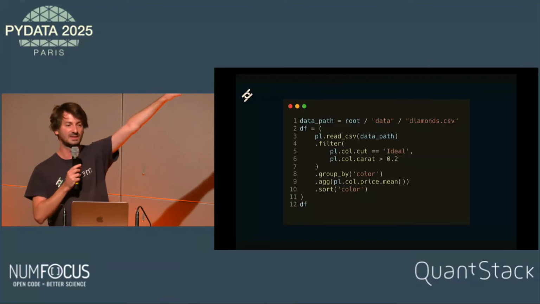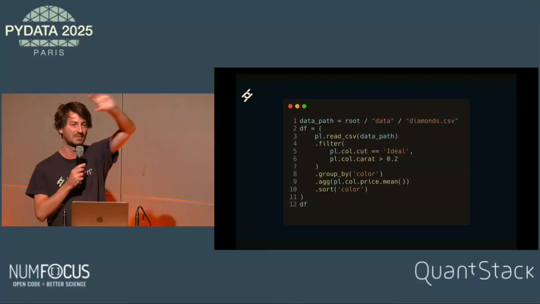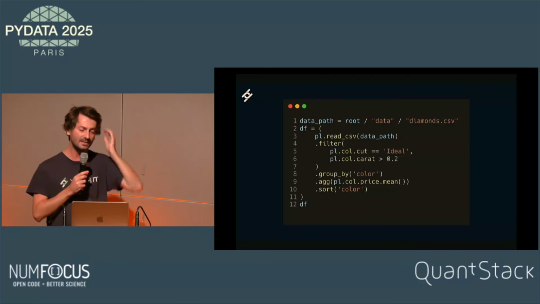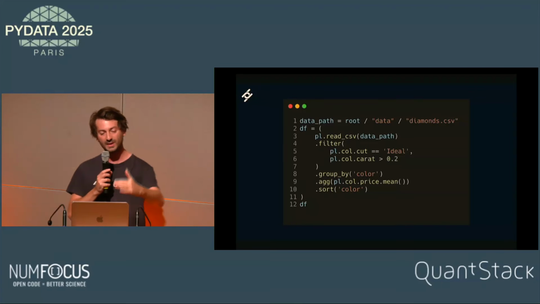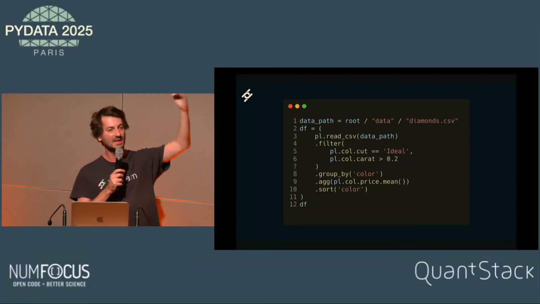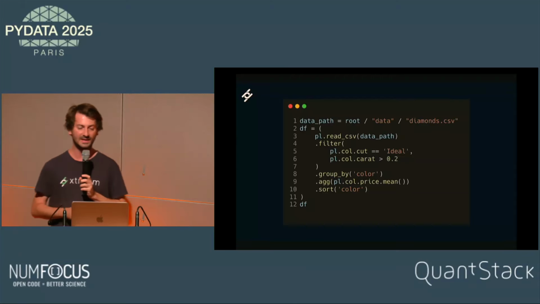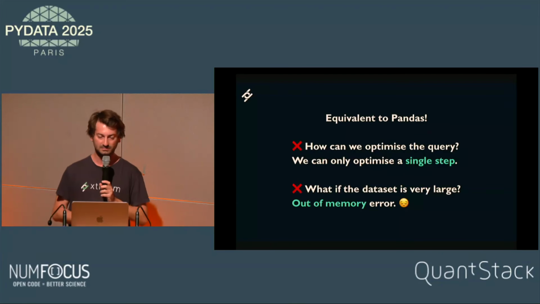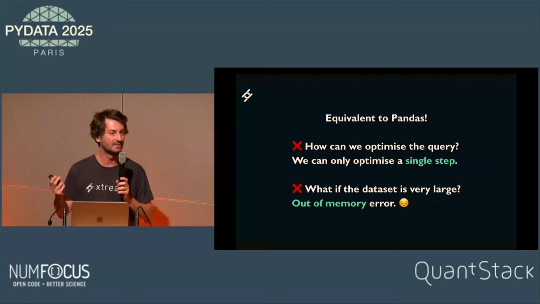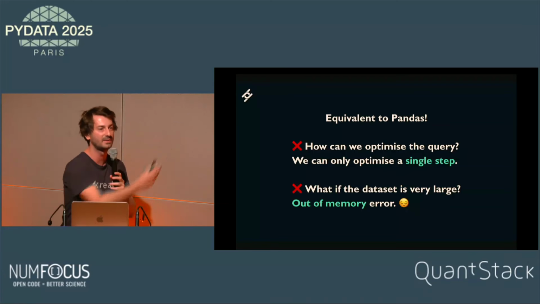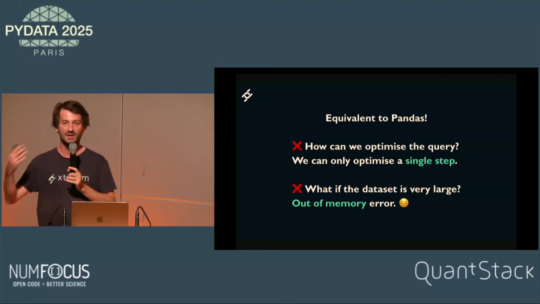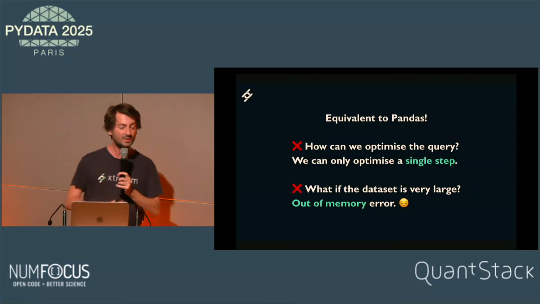A data frame is a data container structured in a tabular way. And when you write a query like this, each step is executed one by one. So if you do it like this, then basically you gain nothing. It's exactly like the query I've written before in Pandas. You cannot optimize it.